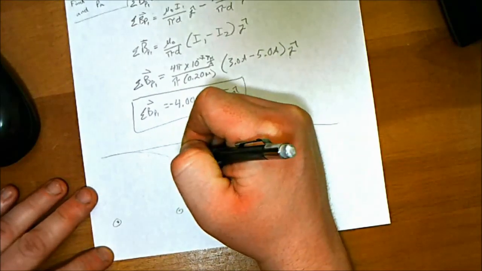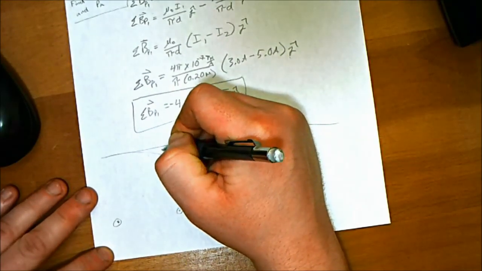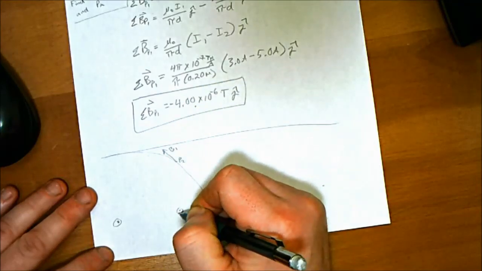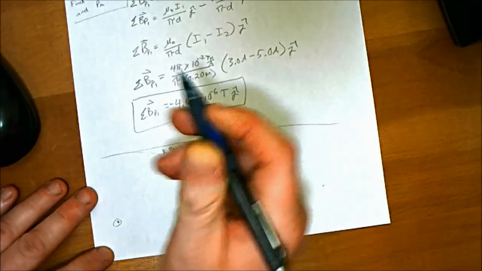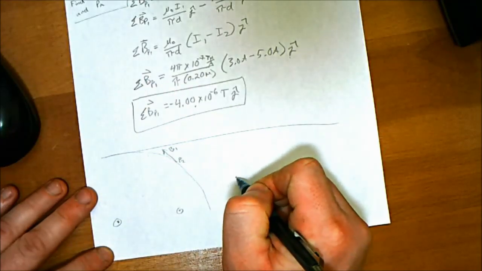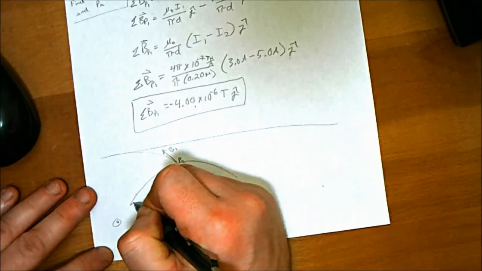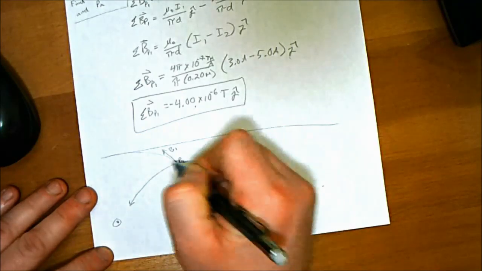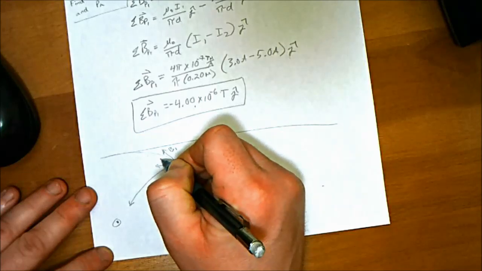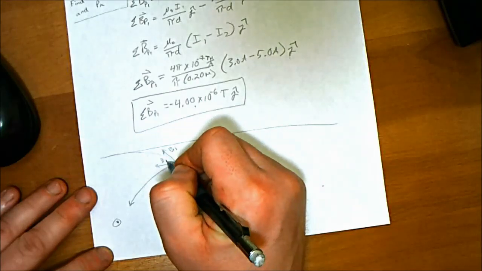That means the magnetic field at this point right here is in this direction. The magnetic field from this wire directly beneath P2, again, the lines would circle around in a counterclockwise fashion, like this. So at point P2, the magnetic field points horizontally to the left.